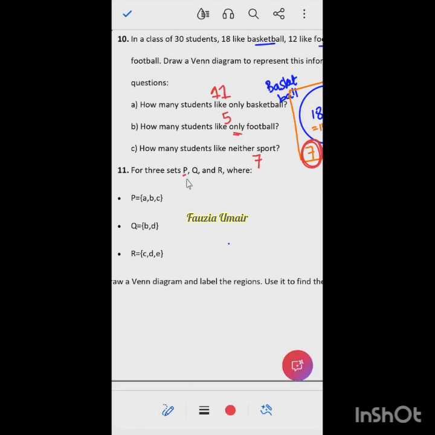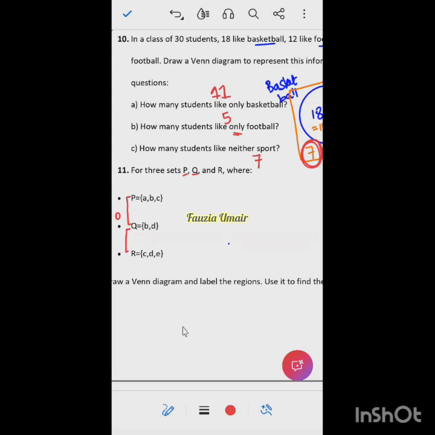What is the relation between P and Q? This is set P, {A, B, C}. This is set Q, {B, D}. So what kind of relation are P and Q having? Overlapping, all right, overlapping. So I'm writing O for overlapping. Now what kind of relation are Q and R having?